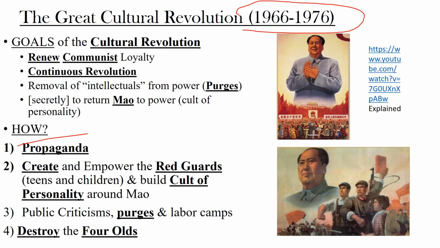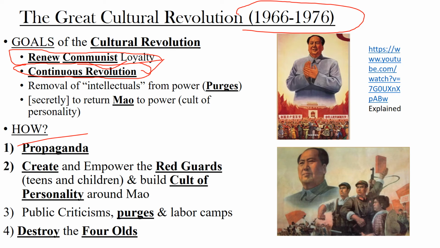He wants to renew communist loyalty. People had doubted the communist way of doing things because it led to famine and death and mass horror and cannibalism and awfulness. He believed in what he called a continuous revolution, that after any revolution happens, invariably the leaders of that revolution become too entrenched and comfortable and become part of a new system that in turn must be revolted against.